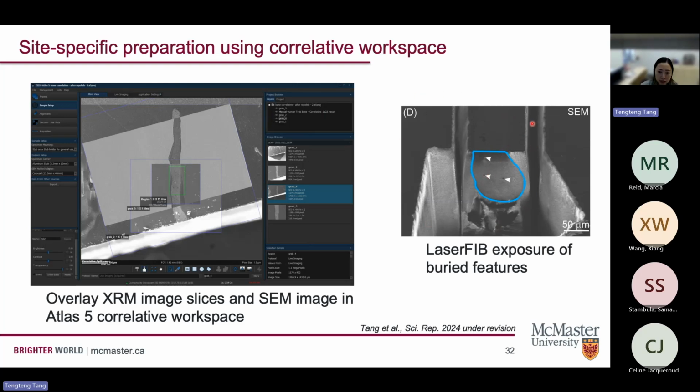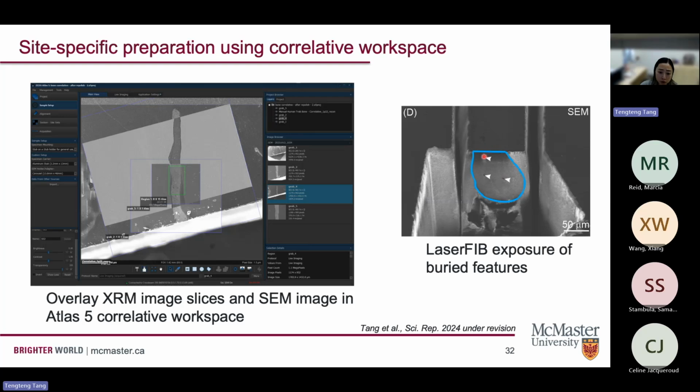As you can see in image D here, this is a cross-section of the bone tissue that's already been exposed after the laser FIB. And as you can see, the cross-section of this bone piece is very irregular, and the width of this bone piece is wider than what you can observe on the sample surface. The central line of this bone piece also shifts compared to what you can observe from the sample surface.